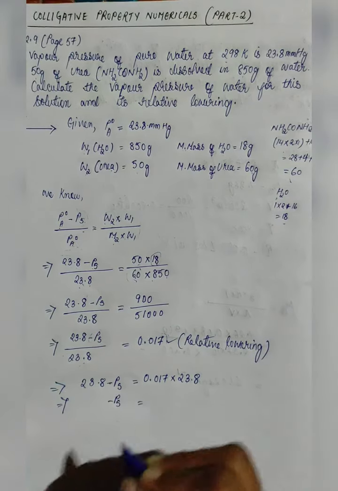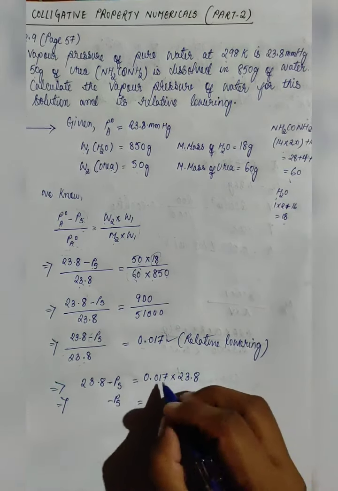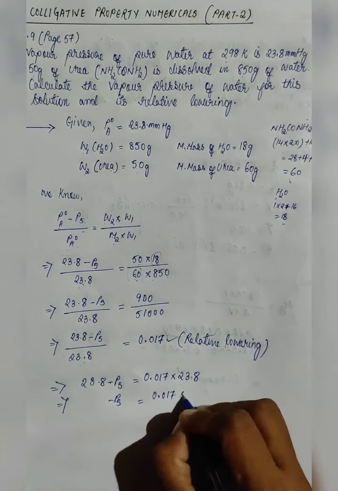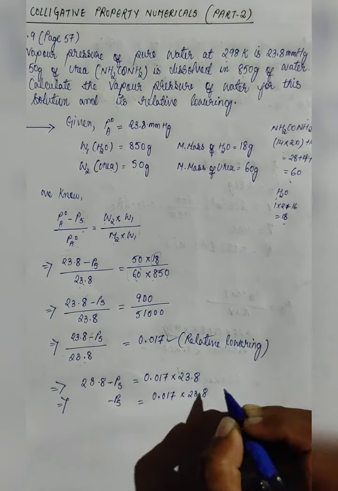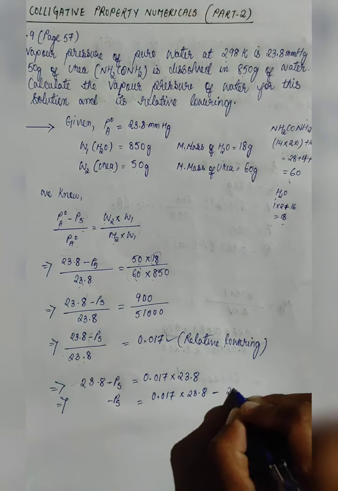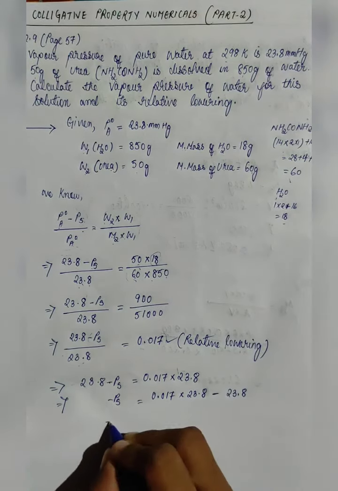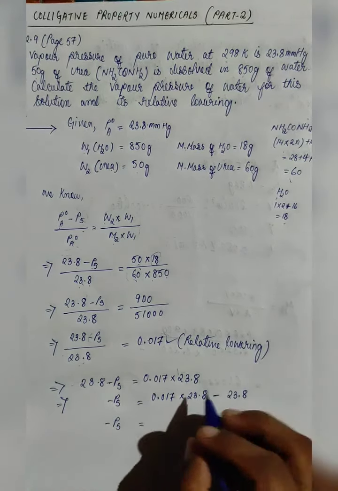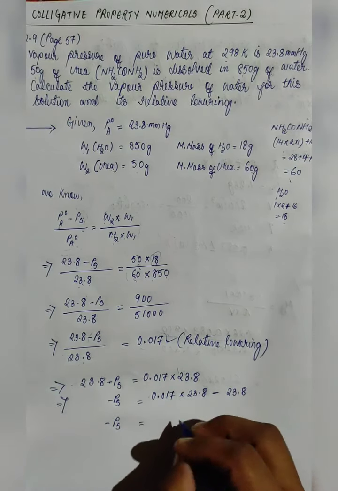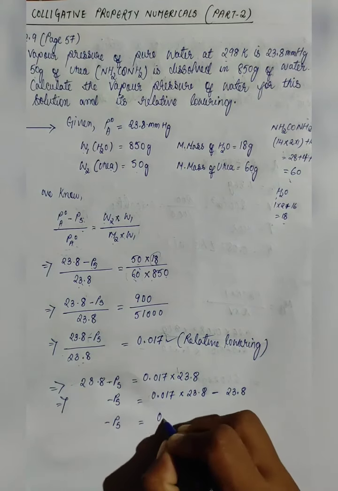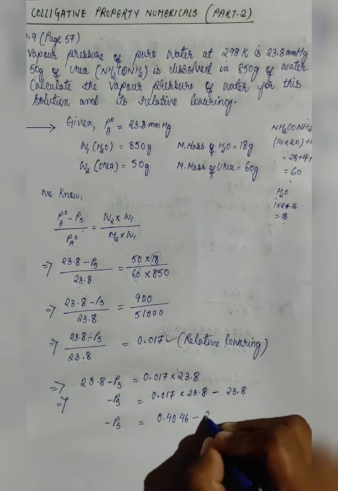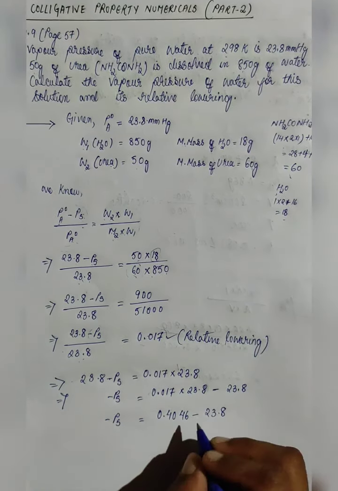Minus PS equal to, this will also become minus. According to BODMAS rule, first we will do the multiplication. So upon doing the multiplication we will get minus 23.8.